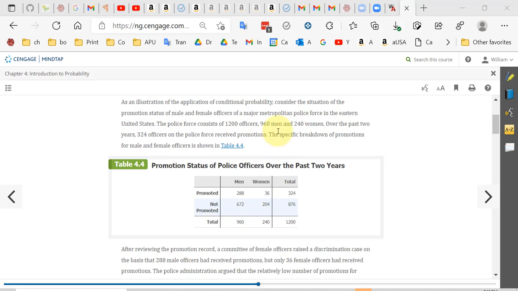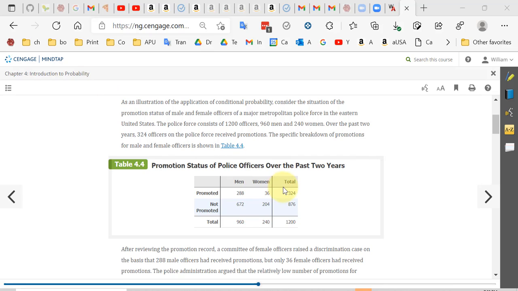Well, somewhere in here it probably tells us that there are 1,200, but we can also get that just by saying, well, we have 960 men and 240 women. So the total number of people, when you add these up, is 1,200. Or you could say I got 324 promoted and 876 not promoted, so the total is, again, 1,200.